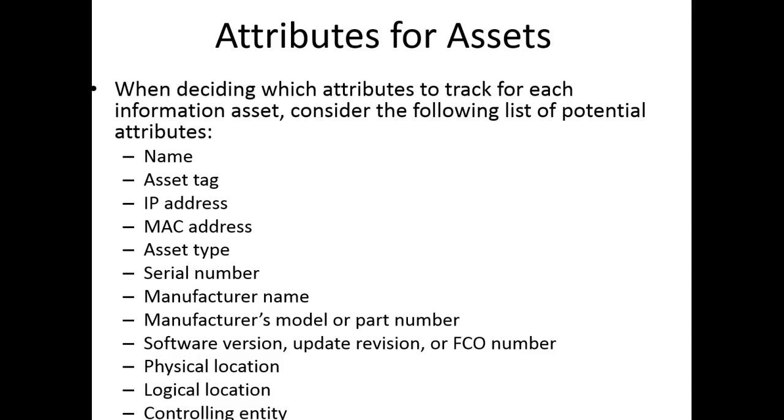Also software license data, physical location, and logical location, which specifies where an asset can be found on the organization network, and then the controlling entity, which refers to the organizational unit that controls the assets.